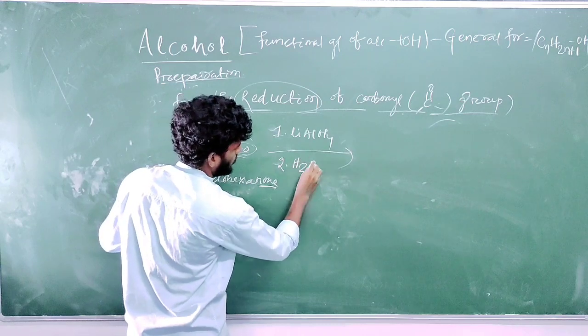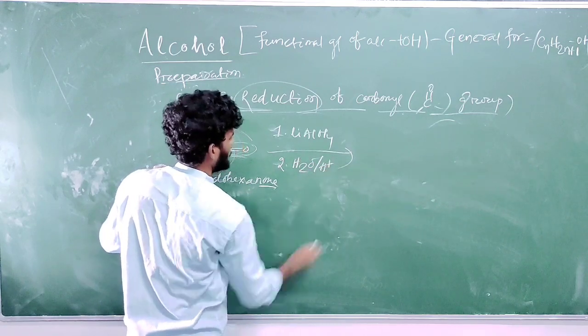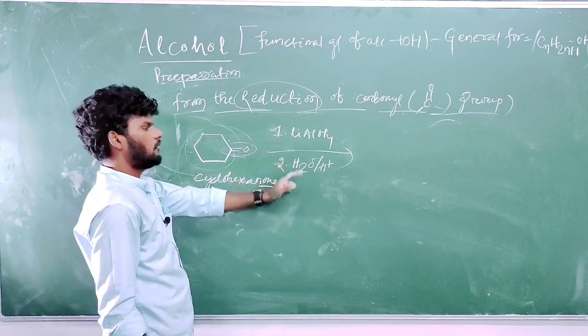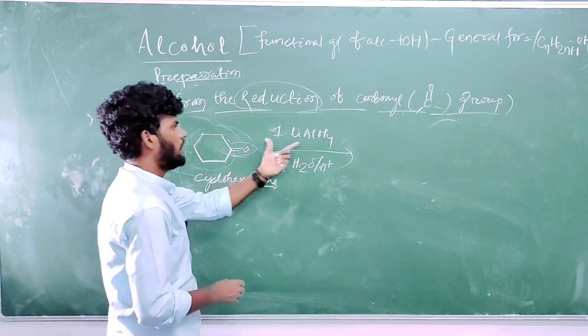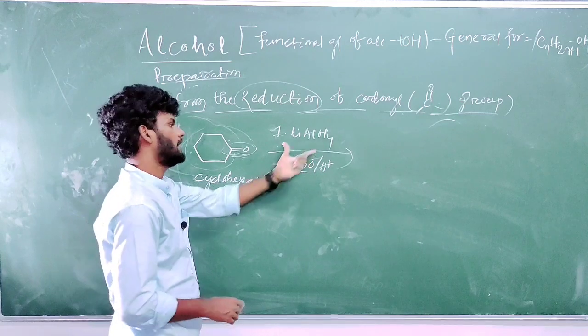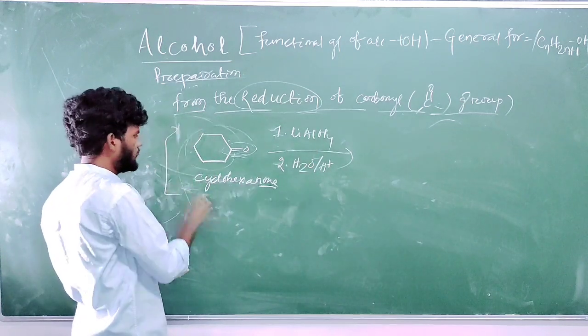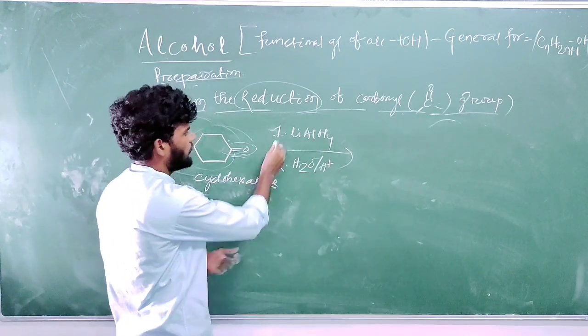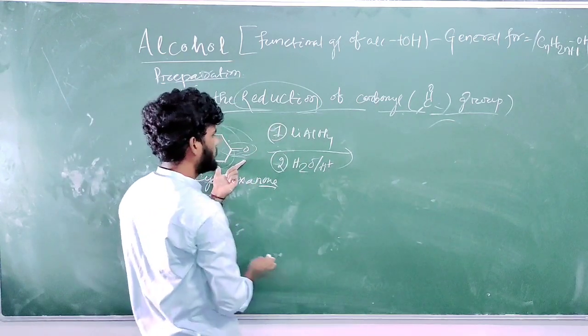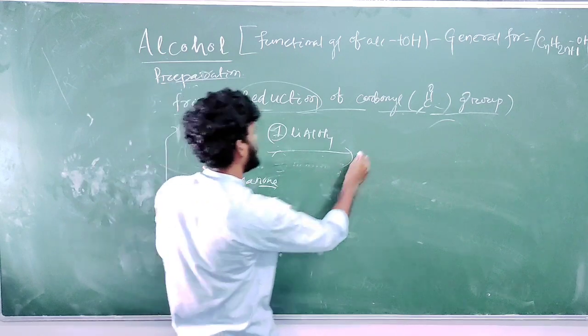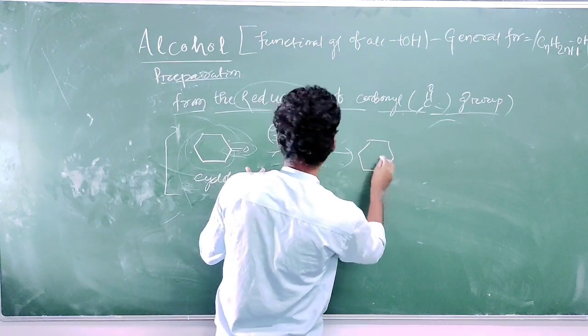So in the second step, water, H plus also you can write. So in the second step, water addition takes place in the presence of acid. If in the exam the question comes like this, written 1 and 2, first 1 and this is 2. In the first step, lithium aluminum hydride, what will form?